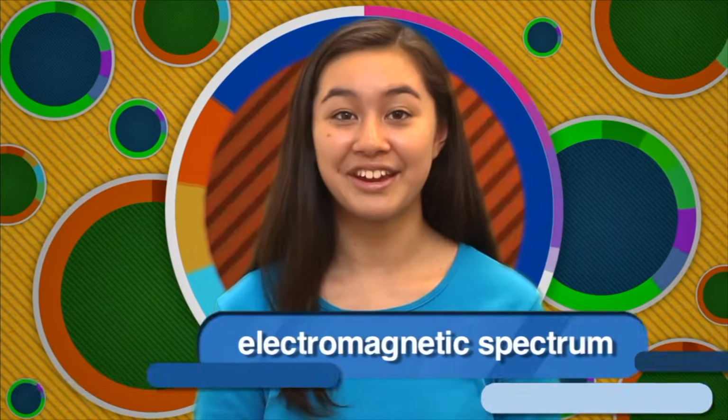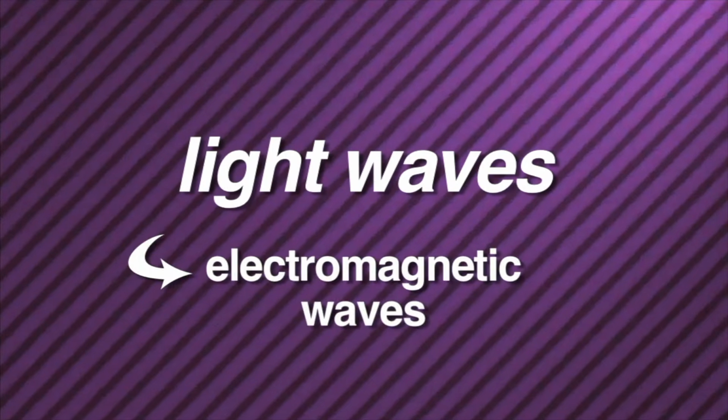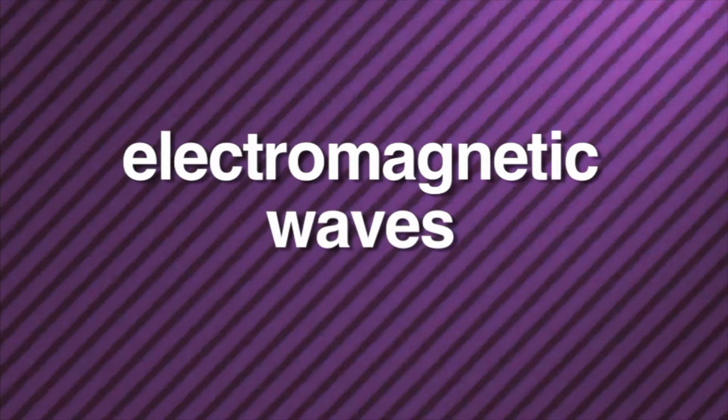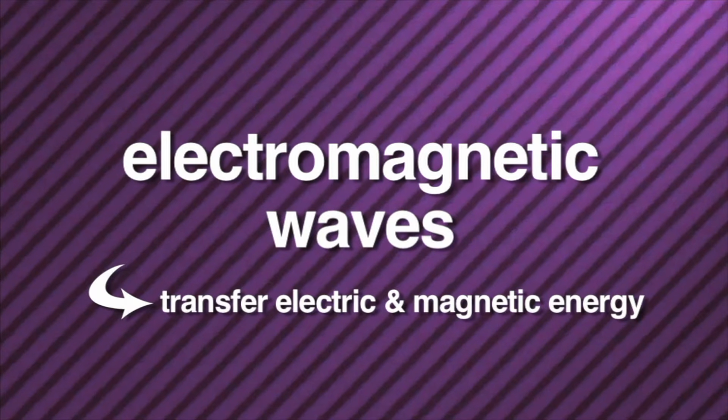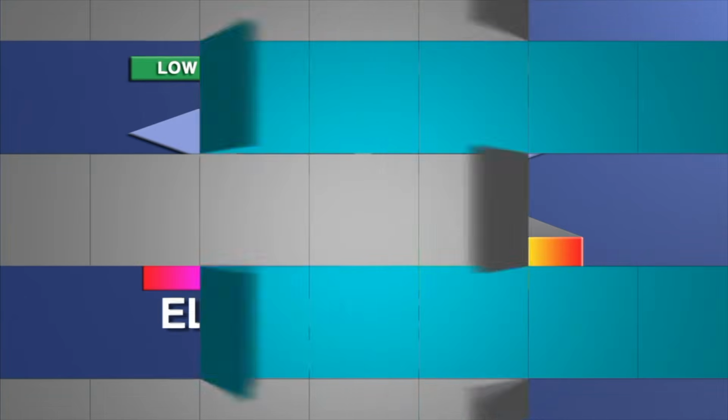Let me explain further. Light waves are a special kind of waves called electromagnetic waves. Electromagnetic waves transfer electric and magnetic energy, and those waves are part of something called the electromagnetic spectrum. That's the name for the range of electromagnetic waves in order of frequency. All electromagnetic waves travel at the same speed, but have different wavelengths and frequencies.